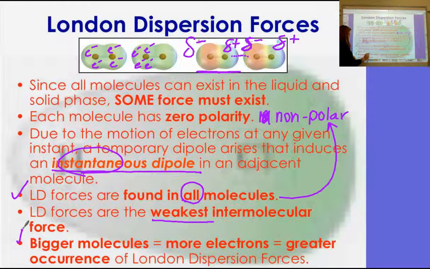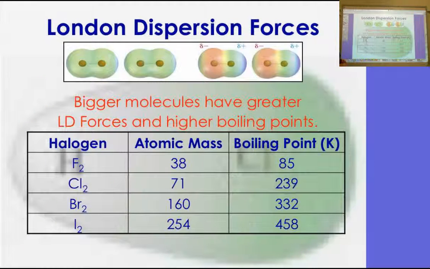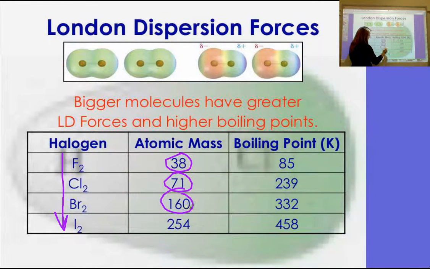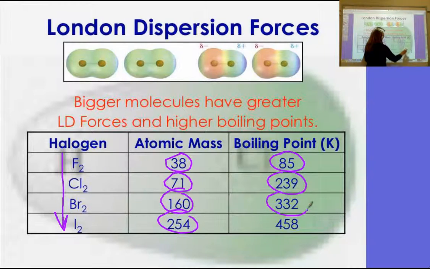The larger your molecules, so you can look at more mass, more electrons, the greater the LD forces. If we look at that on a table, here are examples: fluorine, chlorine, bromine, and iodine. What's happening to their mass? As the mass increases, what happens to the boiling point? 85, 200, 300, 400.